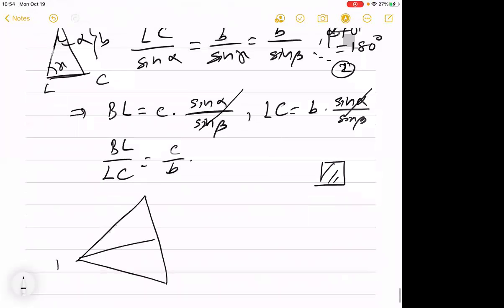This is B, L, M, let's say, C, this is A. This angle is the same thing as that angle. This is CA. What would be the statement?